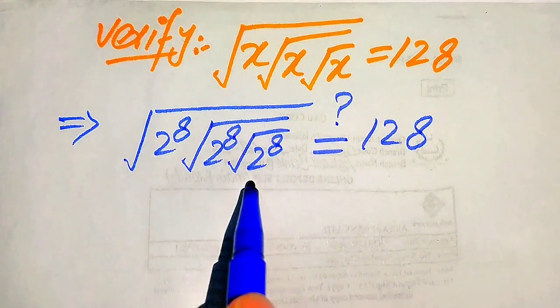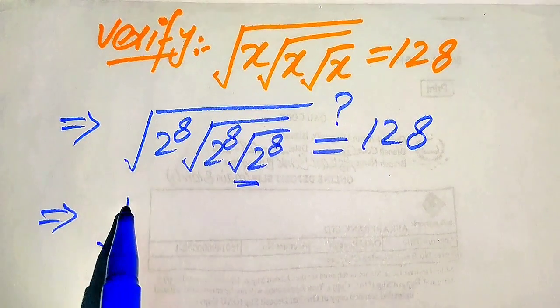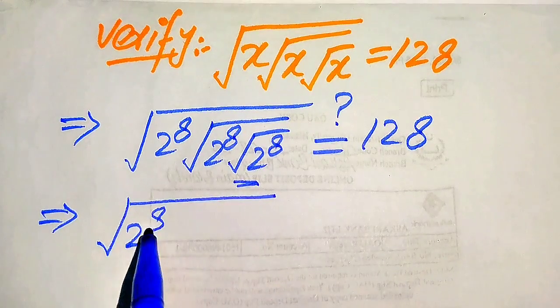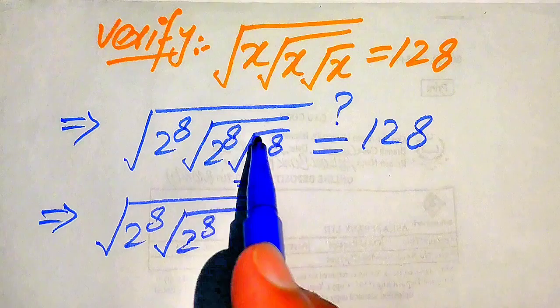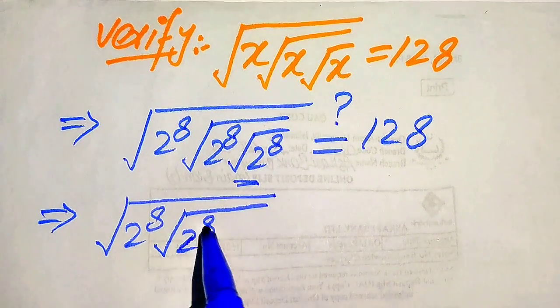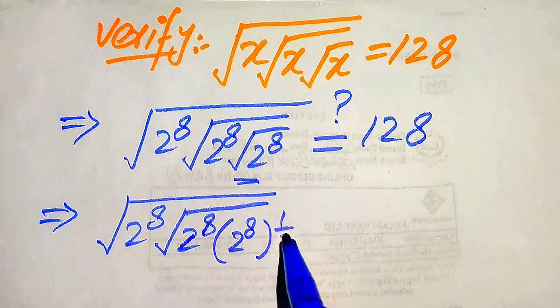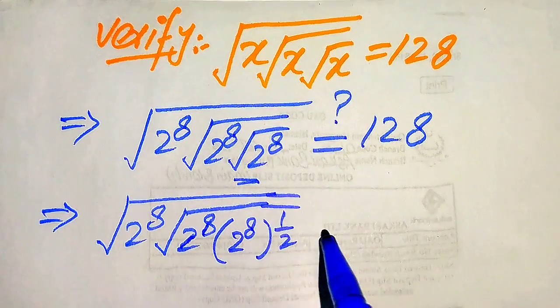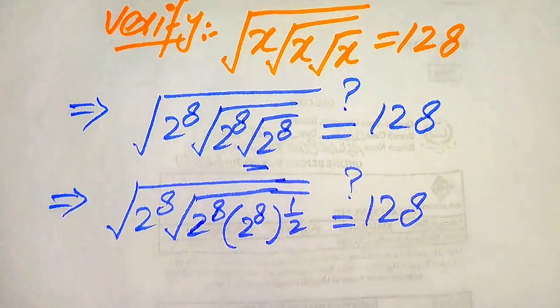So here further we first focus on this term, so it will be written as square root of 2 to the power of 8 into square root of 2 to the power of 8. We write this square root in the form of exponent. It will be written as 2 to the power of 8 and its whole power is 1 over 2, and we check, is this equal to 128 or not?